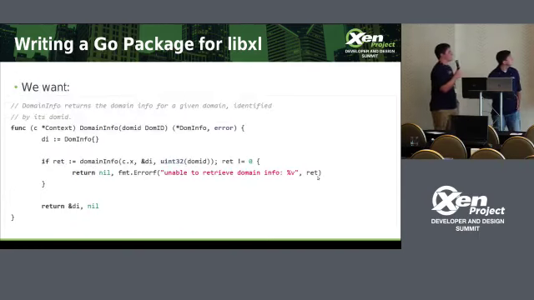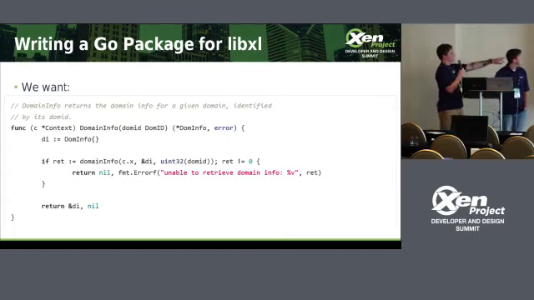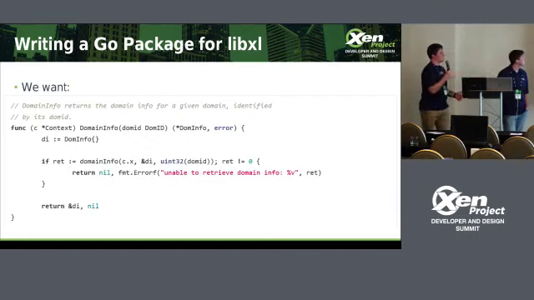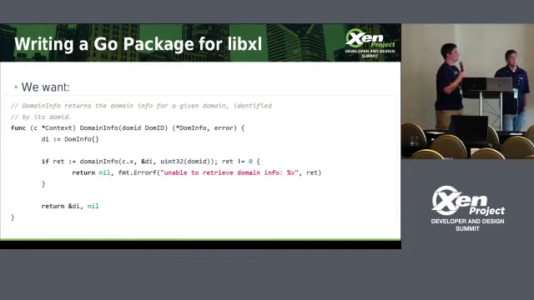So you end up with wrappers that look more like this. If you're not familiar with Go, the C star context here is just saying that this function is operating on that struct, but it's really just syntactic sugar. This is equivalent to just passing the context pointer as the first argument to this function.